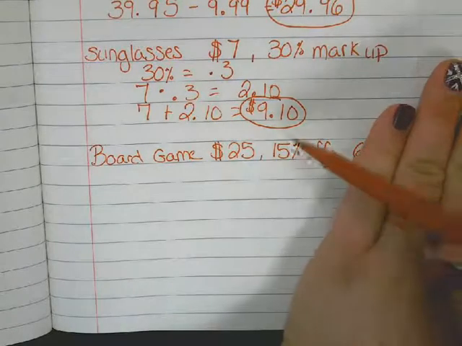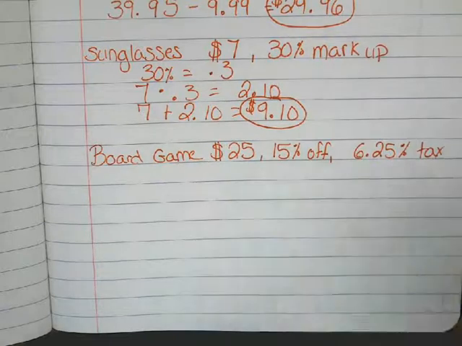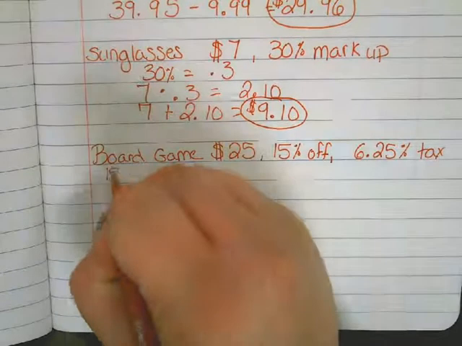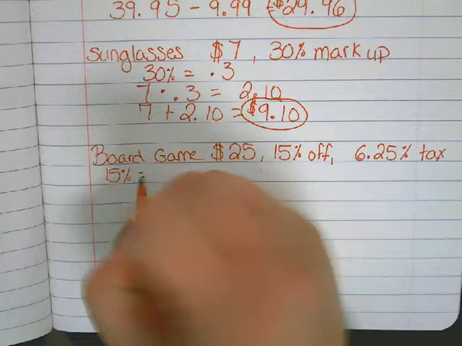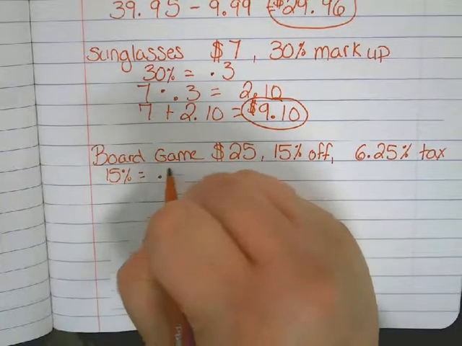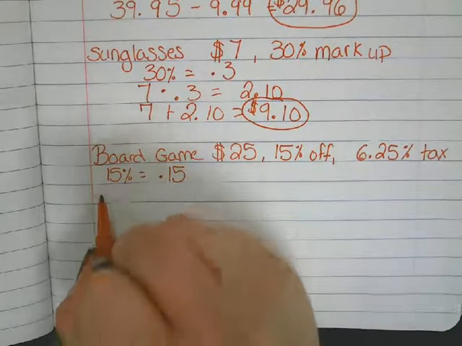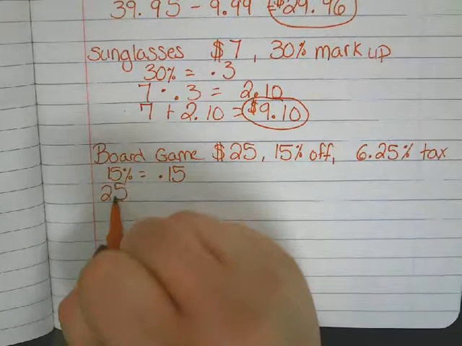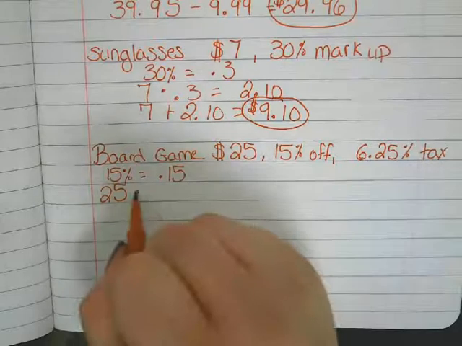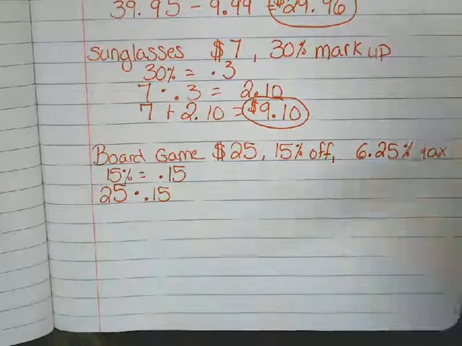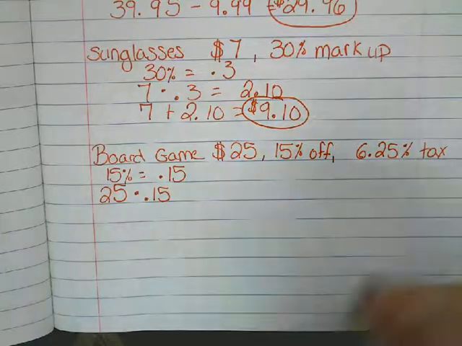So 15% as a decimal would be what? 0.15. Taking my original price of $25 and timesing it by 0.15. Okay? Now am I adding or subtracting?